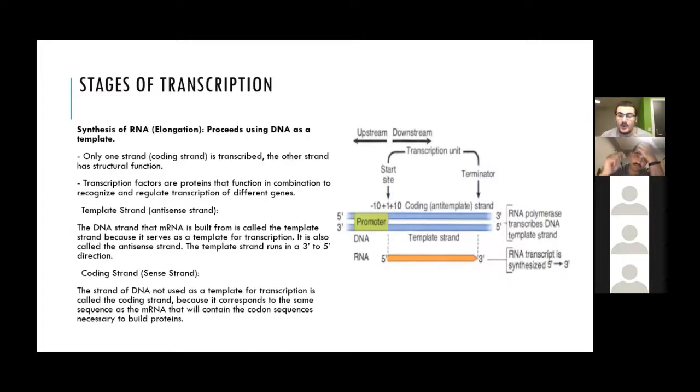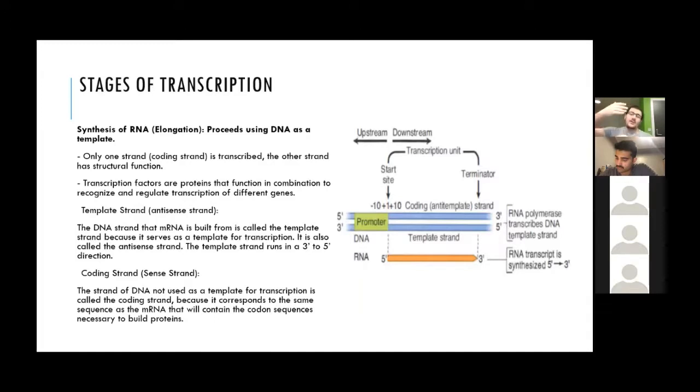A note to make is that, of course, the RNA polymerase synthesizes RNA from the 5' to 3' direction. And so if the RNA polymerase synthesizes from the 5' to 3' direction, that means that the template strand, the strand that's getting transcribed, is opposite to it, which means the template strand runs from the 3' to 5' direction.